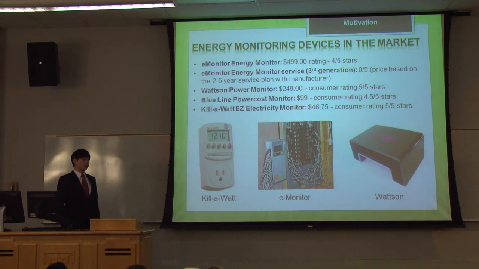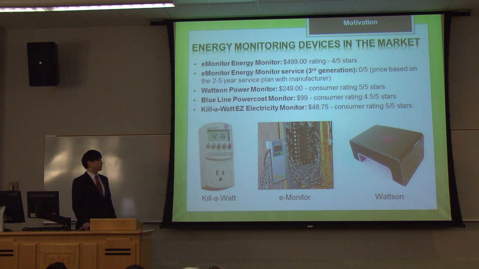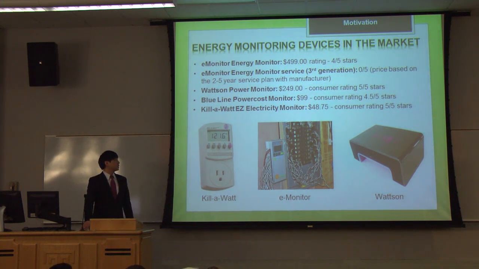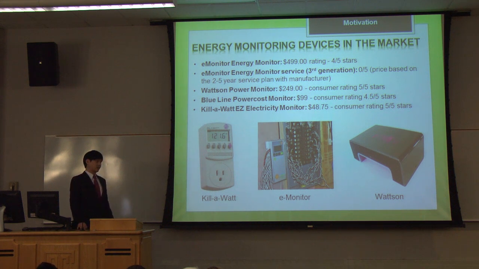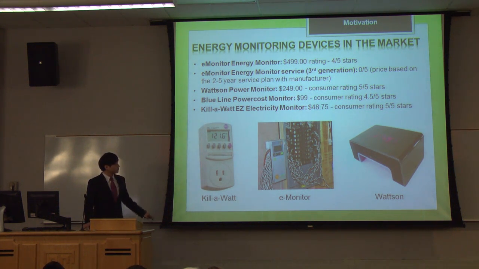The Kill A Watt monitor displays the energy power consumption, but it doesn't store the data. The E-monitor is really complicated to set up, so without an electrician, we can't set this device up.